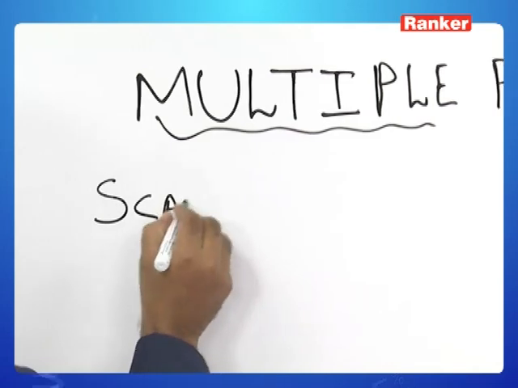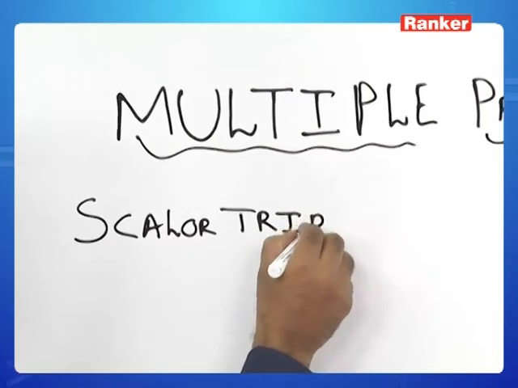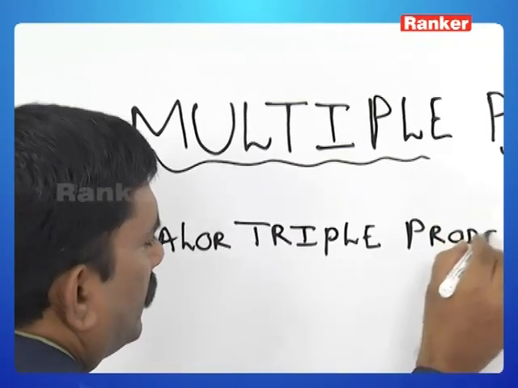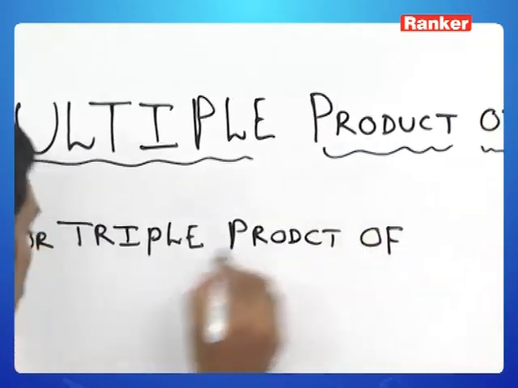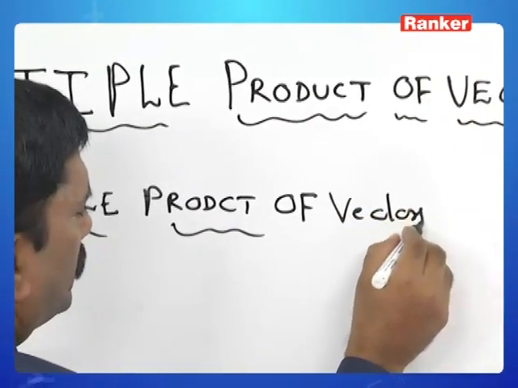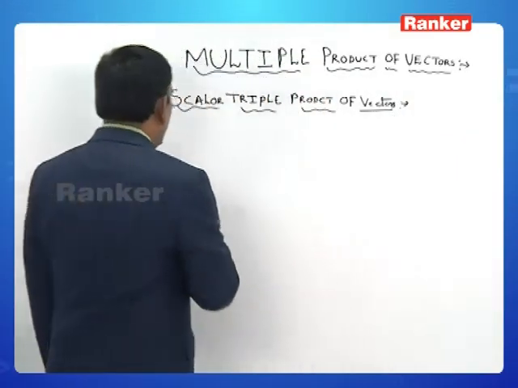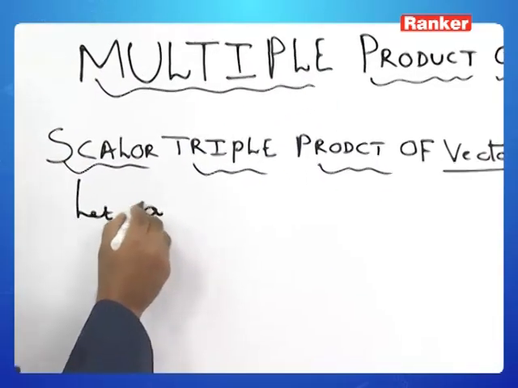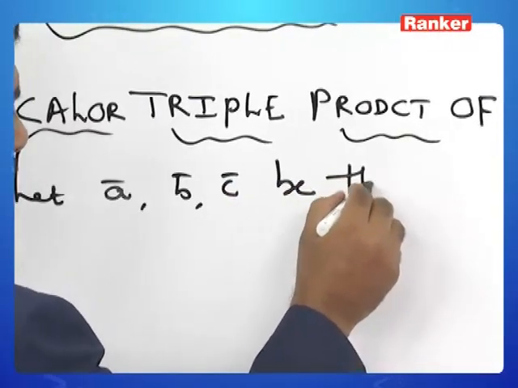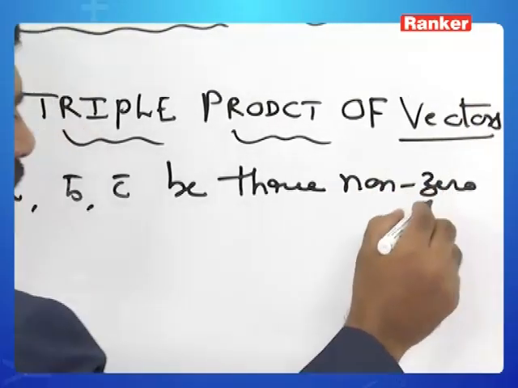Scalar triple product of vectors: let A bar, B bar, C bar be three non-zero vectors.